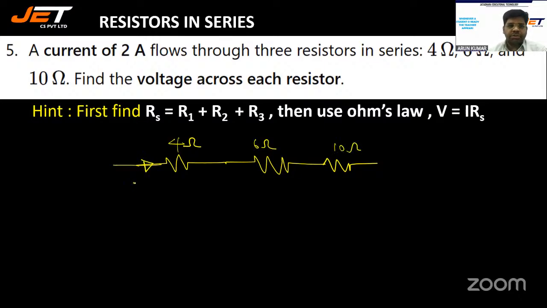Current through this is 2 amperes. So I have to find out the potential drop across this one, and across this one, and across this one. So how do I do it? And the hint is also given.